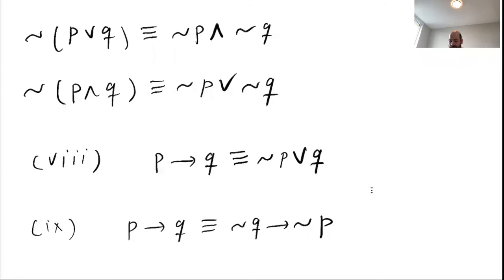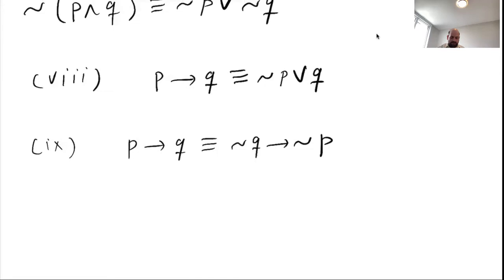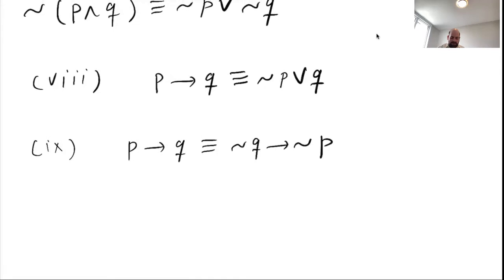So let's think about number 8 in the context of the example that I just provided. We said that if it's a Monday, then I'll go to the mall. So for 8, the equivalent would be: it's not a Monday, or I will go to the mall.